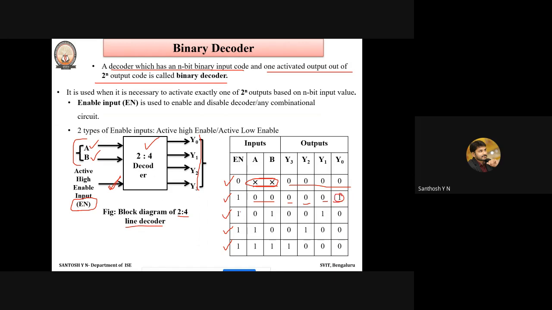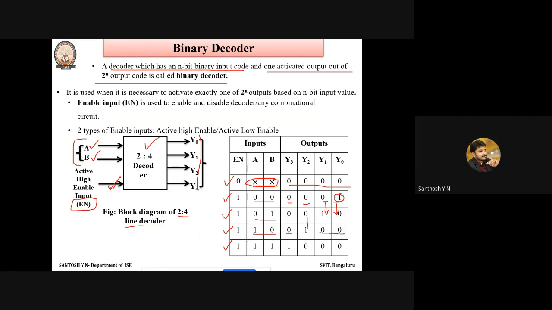Now come to the next case, if AB is 0 1, Y0 becomes 0 and Y1 changes from 0 to 1. Next, if AB is 1 0, Y2 changes from 0 to 1, and the rest are all zeros here.